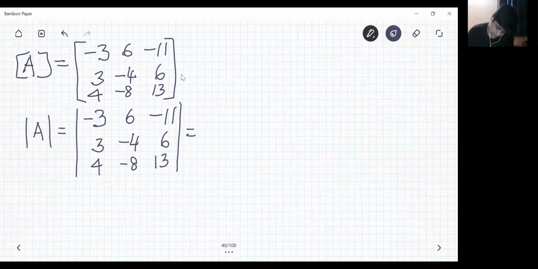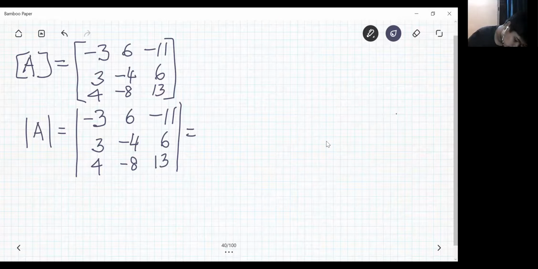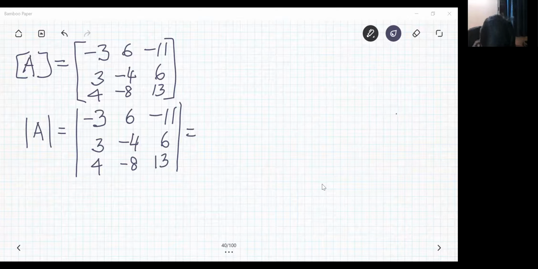So what will be the next step? Minus 4 into 13 is minus 52, and then again minus, minus 8 into 6 is minus 48.